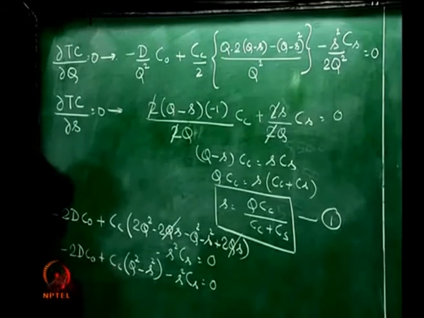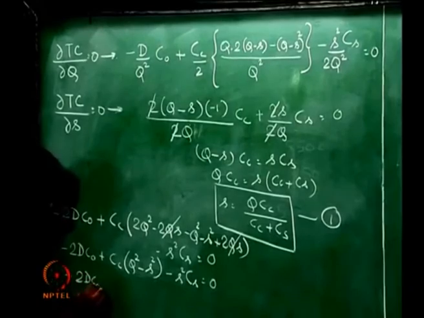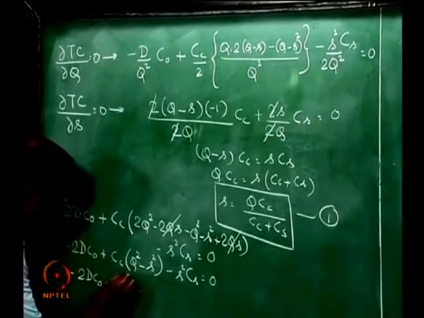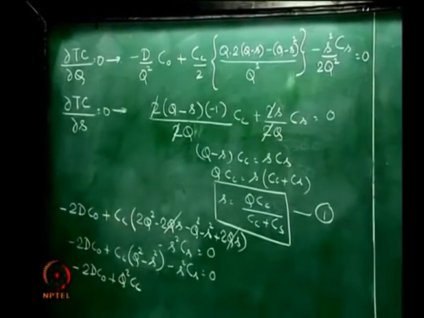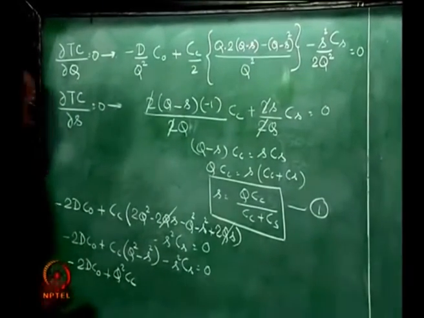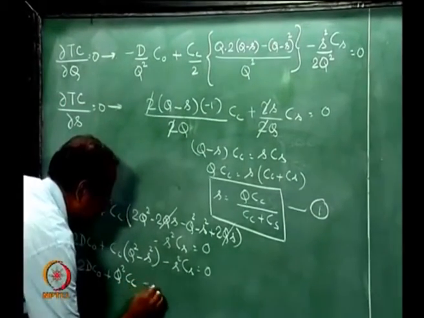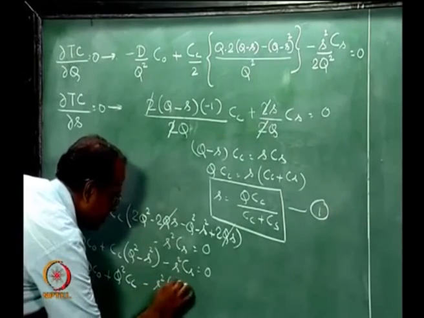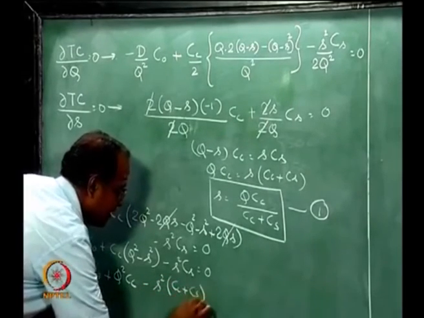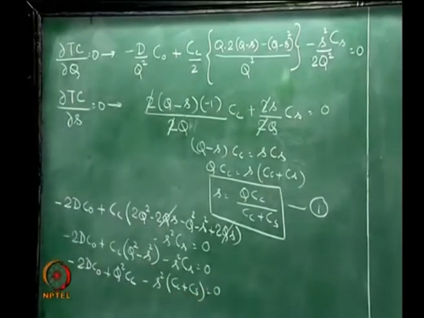Now, this will become minus 2d C naught plus q square Cc minus s square into Cc plus Cs equal to 0.